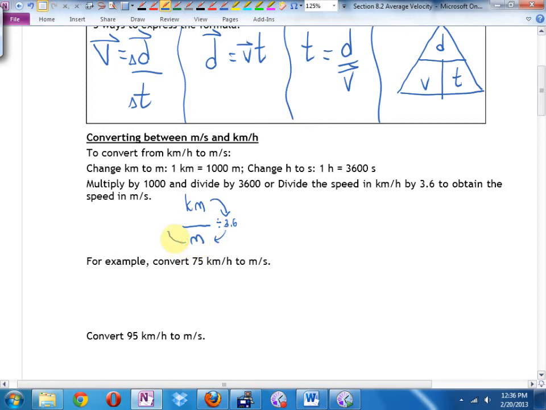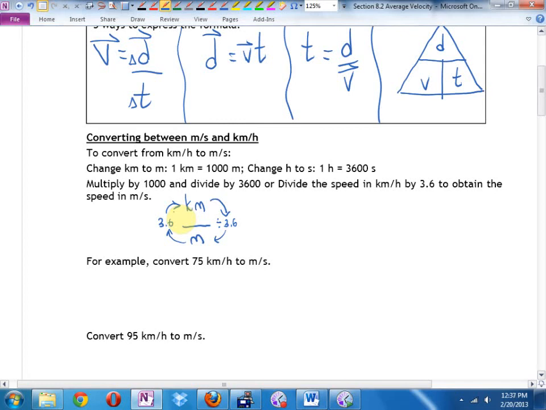To go from meters per second to kilometers per hour, times by 3.6. I just remember the bigger one is kilometers, so you're going to divide. That's a lie. In Physics 11, I'll give you a better way, but this is Science 10. So you will have to remember, the number 3.6 has something to do with it.